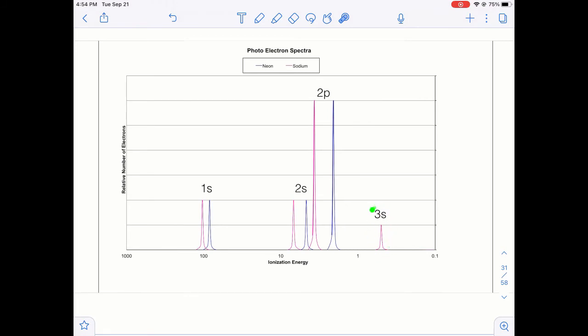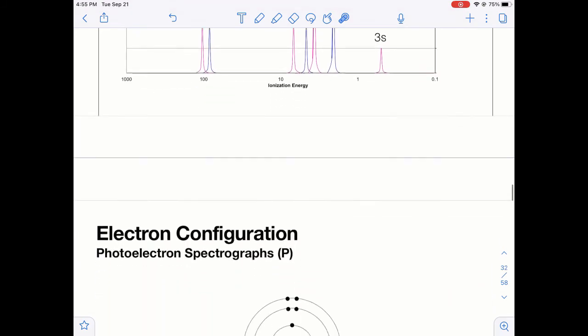But the 1 electron that sodium has in its third energy level is going to be significantly easier to remove than any of the electrons in the second or first energy level from neon. So this is evidence that we are adding energy levels at a significantly different distance further away from the nucleus compared to the sublevels within an energy level.